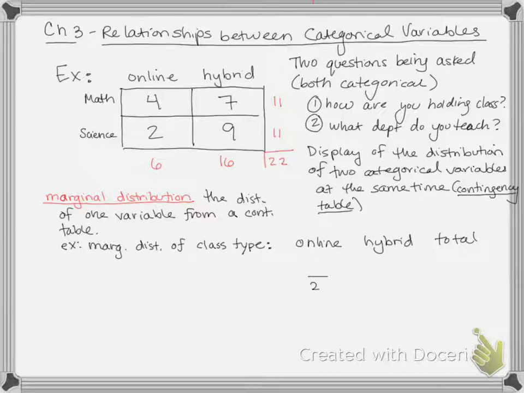So 22 is on the denominator, and 22 here, and another 22 here for the total. Then we want to look at how many people are teaching online classes in the survey, and how many people are teaching hybrid classes.